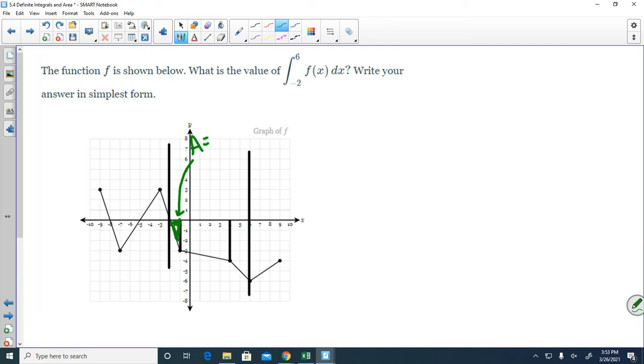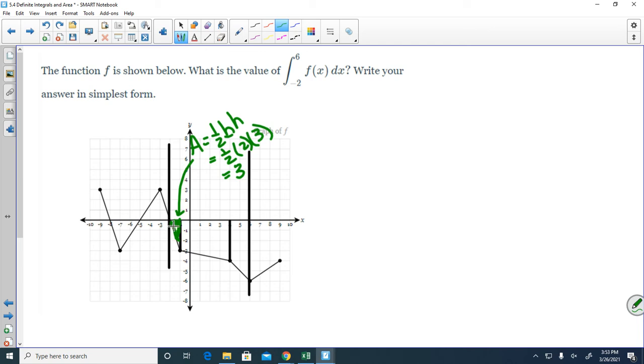So that area equals 1/2 base times height. So 1/2 times, that goes to -2, so 2 for the base. Height looks like it's 3. 2 times 3. 1/2 times 2 times 3 is 1/2 times 6, which is 3.